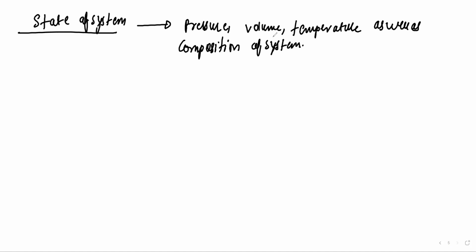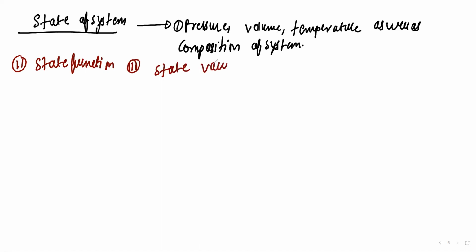The state of the system is described by state function or state variable. So a state of the system is also called a state function and a state variable.